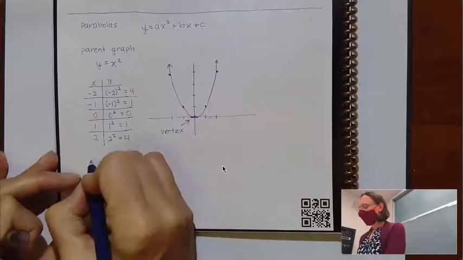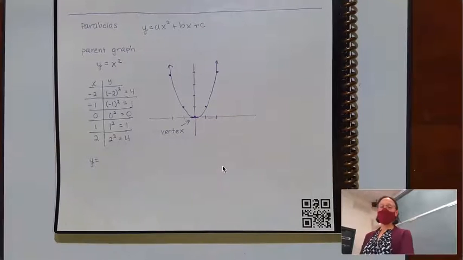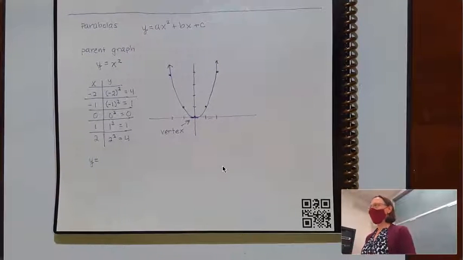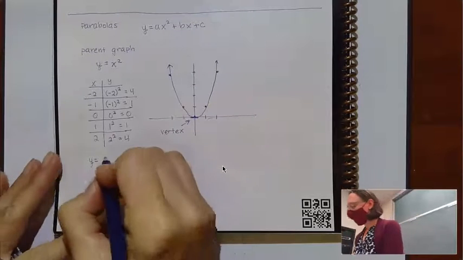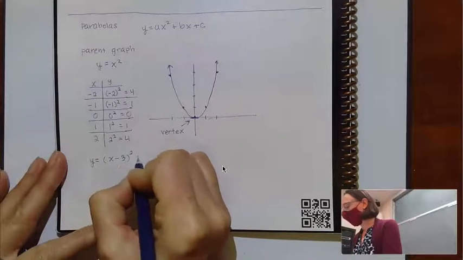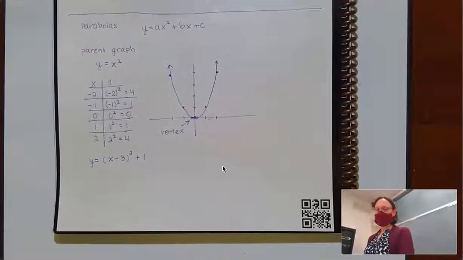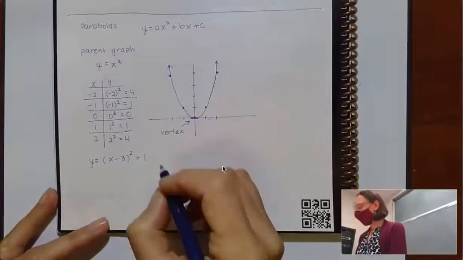If we're given the equation for a parabola in a completed square form, meaning something that looks like a perfect square plus or minus a number, so let's say that I had (x minus 3) squared plus 1, we sometimes call this the vertex form for a parabola.